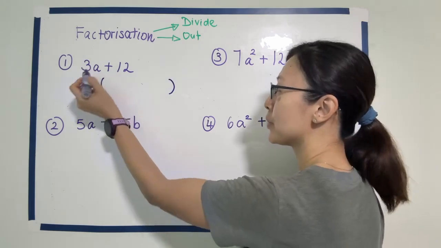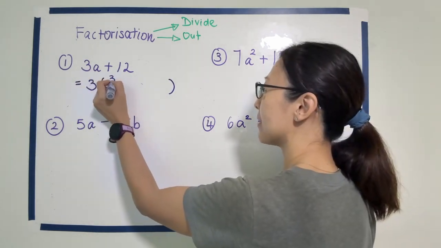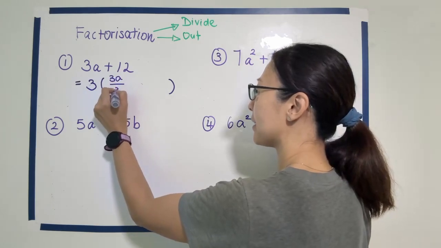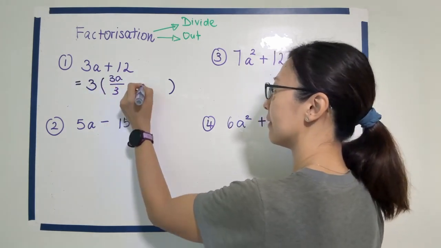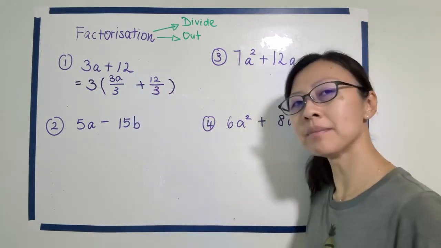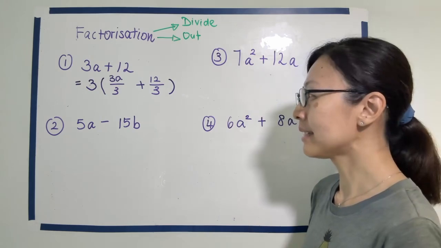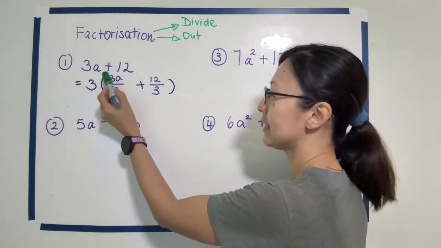And what happens to 3a now? 3a is then now divided by 3. 12 is also divided by 3. Following that, let's simplify this.